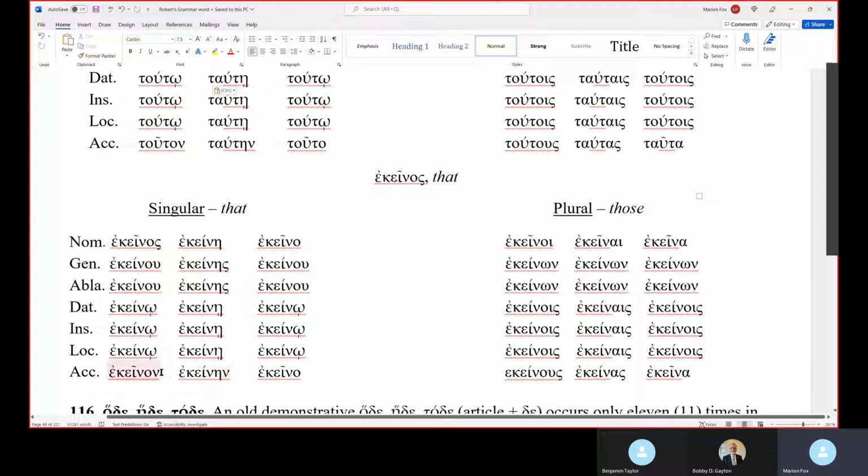Notice you have a nu on the end of a lot of your accusatives, and not all of them, but a lot of them do. That's accusative feminine singular. Ekeino, accusative and nominative are the same. Ekeinou is the same as genitive ablative masculine, and ekeinō is the same as dative instrumental locative masculine. So the neuter and masculine genitive ablative are the same, and dative instrumental locative are the same in the masculine and neuter, so you can't tell the difference between them with the pronouns.